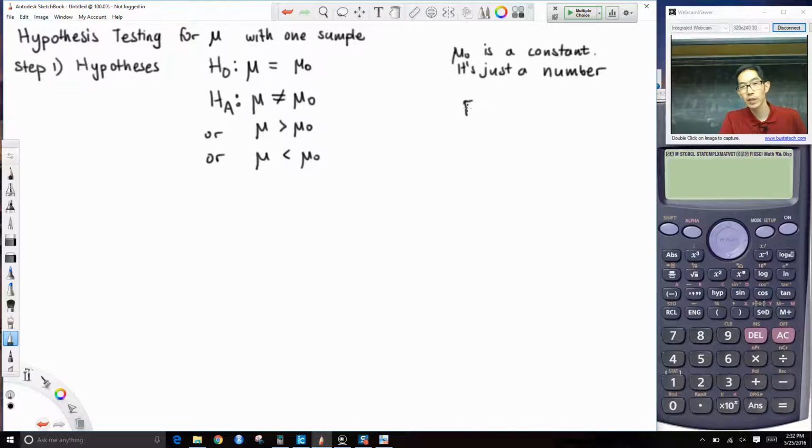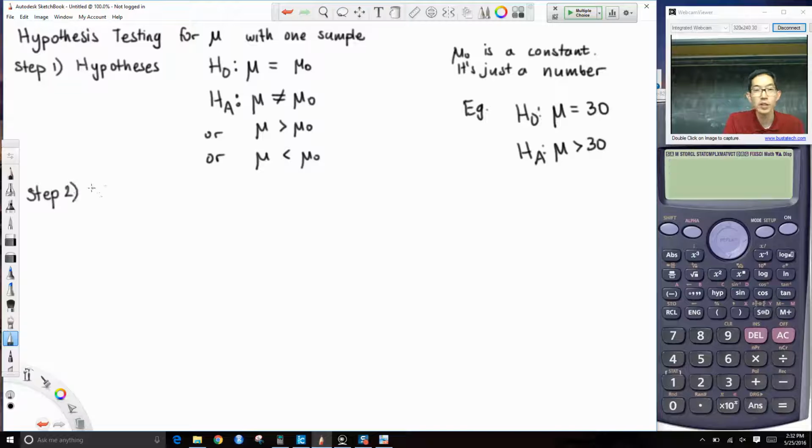For example, you could have mu equal to 30 versus the alternative that mu is greater than 30, or something like that. Of course, replace 30 with whatever number is appropriate for the question being asked.